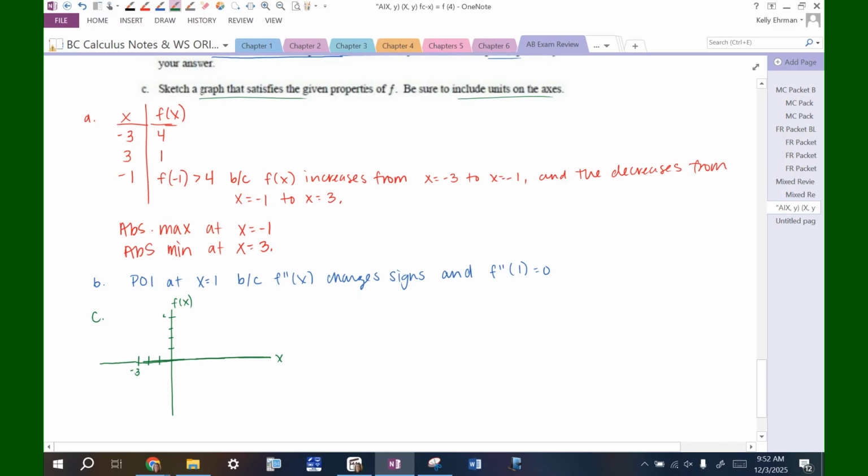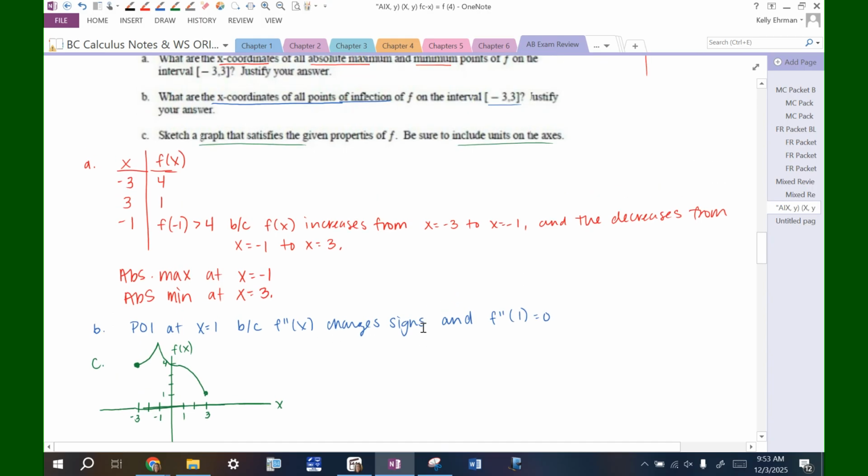And at x equals -1, there's a point where the graph is not differentiable, so a cusp, because it's continuous. Then as I sketch this down, I have to make sure I have a horizontal tangent at 1, which I do because we're switching from concave up to concave down. You don't want to put arrows on either end because we don't have that information. So this is my graph.